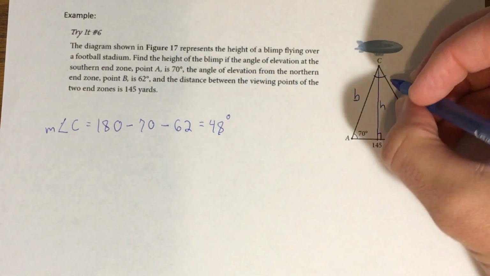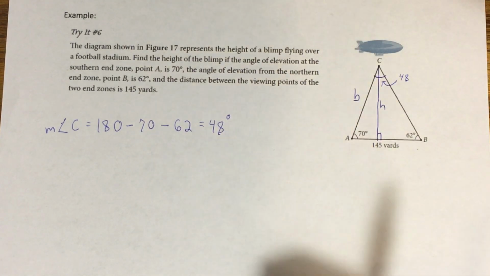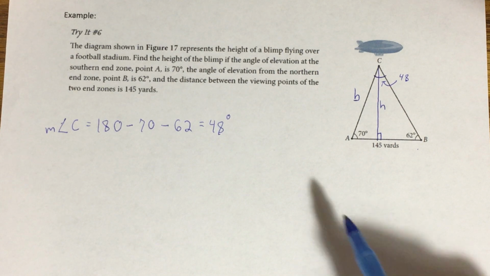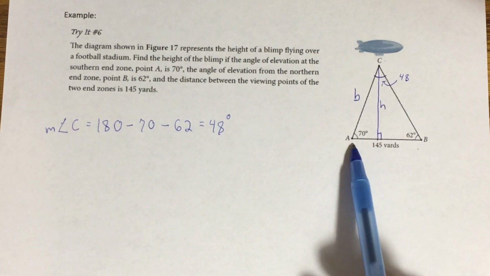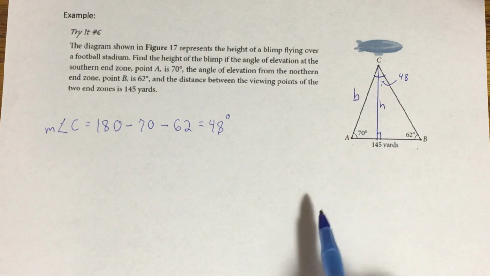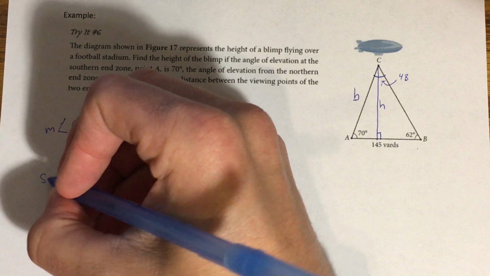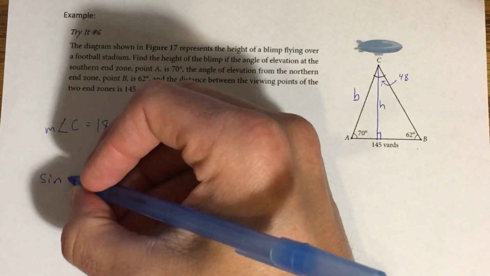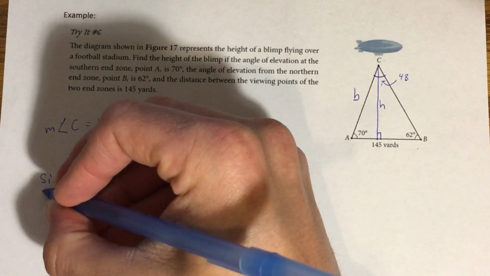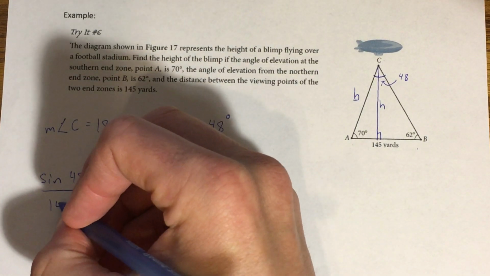And then what I'm going to do is even label that in the triangle if I want. Now what I want to do is set up my law of sines. So now I have angle C, but I also know side C. Even though it's not labeled C, it's opposite angle C, and it's 145. So I'm going to use those in my law of sines. Sine of angle C, which is 48 degrees, over side C, which is 145 yards.